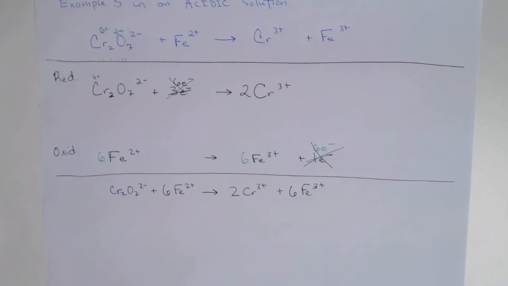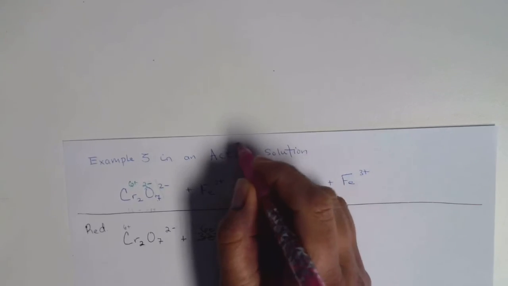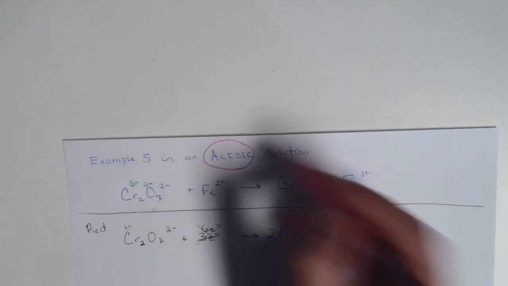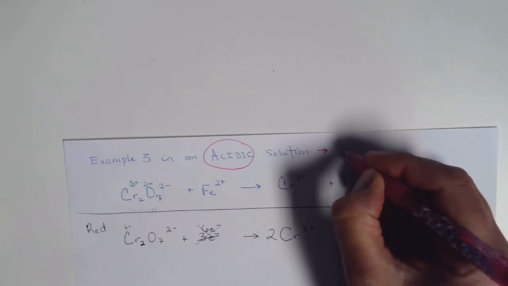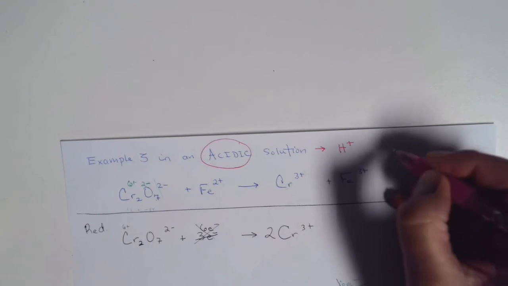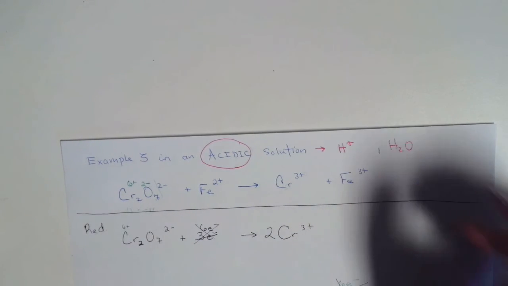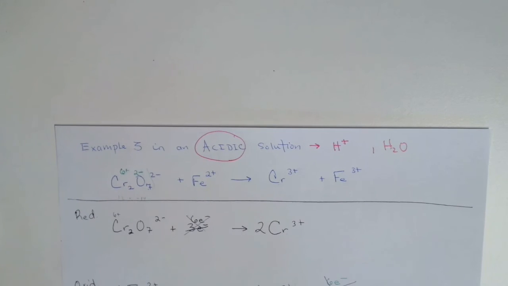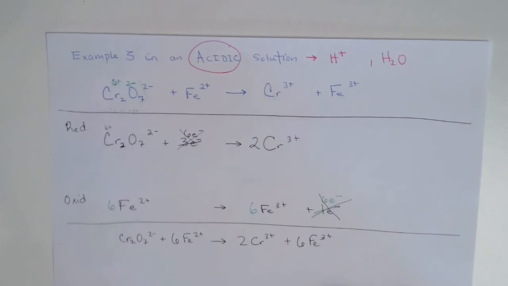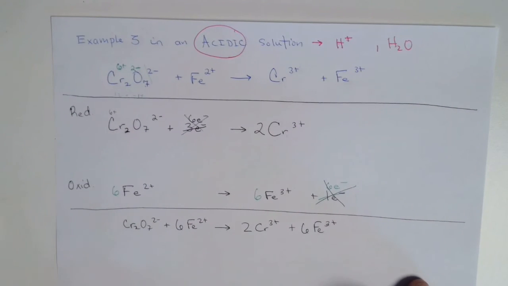First thing, oxygen needs to be somewhere on the product side because we do need to have equal atoms coming and going. So when we are in an acidic solution, okay, we are using hydrogen ions to balance the charge and waters to balance the oxygen. Okay? So we can use those 2 things here, starting with water, to balance the oxygens.